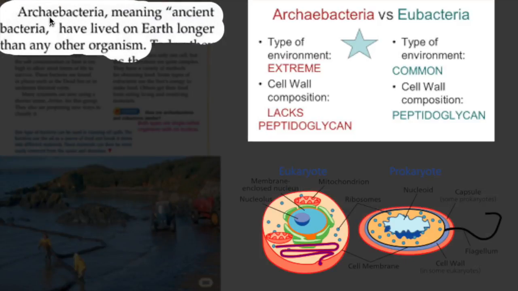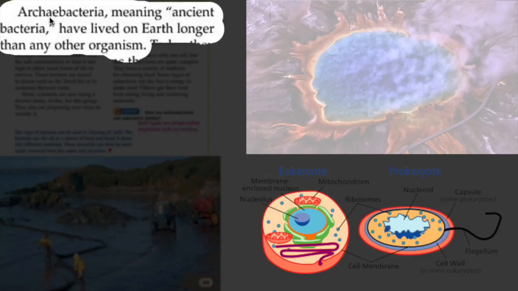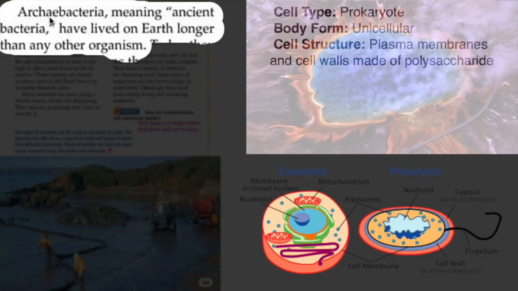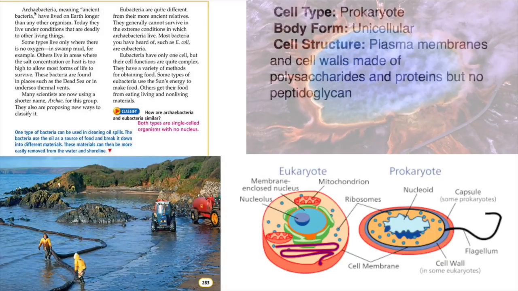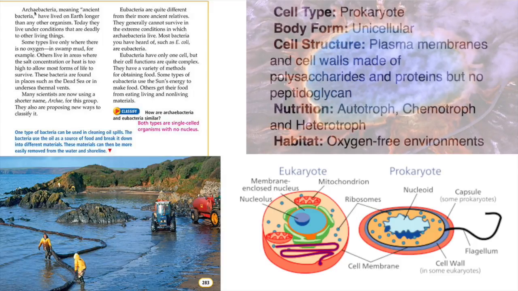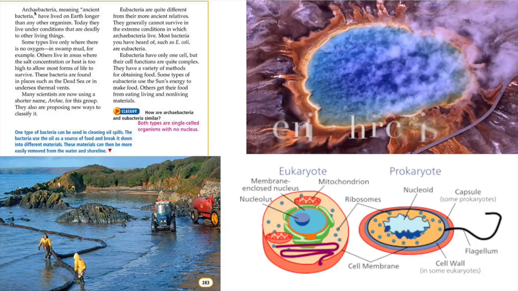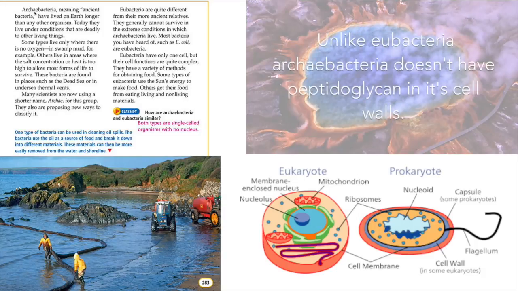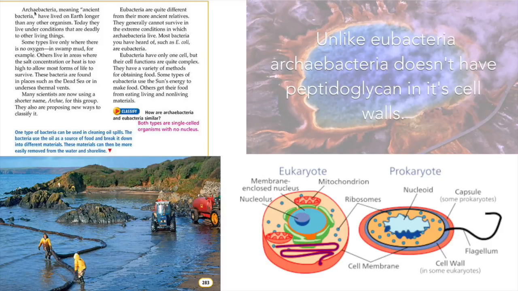They can live under conditions that for most other living things would kill them. So we can find them in places where we wouldn't even think that anything alive could be there. Either there's no oxygen, or it's too hot, or too salty, or too something, but somehow these ancient bacteria seem to be able to live there. Scientists are now thinking about just calling them archaea for short.